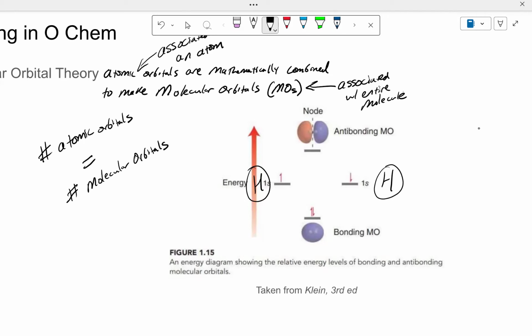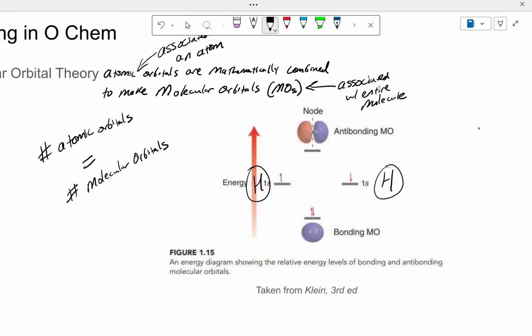Now, for hydrogen, one of those molecular orbitals will be much lower in energy than the other. One thing I want you to keep in mind when we talk about energy and stability is that molecules will seek to be the most stable version of themselves possible. They want to have low energy. It's not advantageous for a molecule to have a lot of energy.